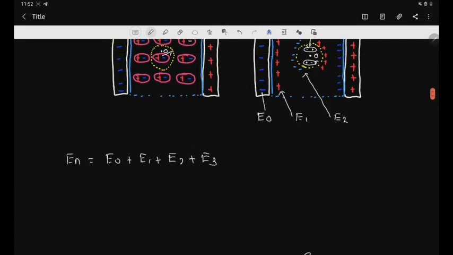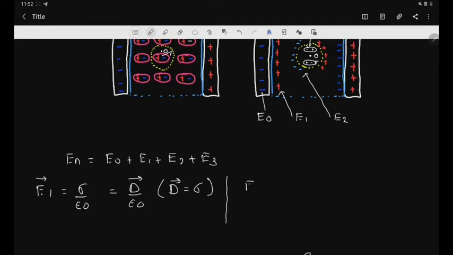Now the electric field E naught can be easily determined as it is equal to sigma by epsilon naught, and we can replace this by D divided by epsilon naught, where D is the displacement vector. As we know, the displacement vector is equal to the free charge density. This equation we have already derived in previous classes.